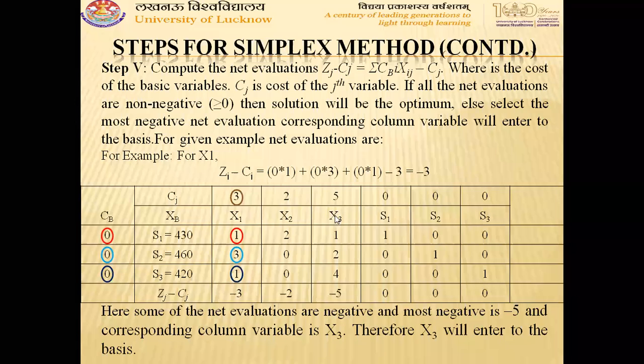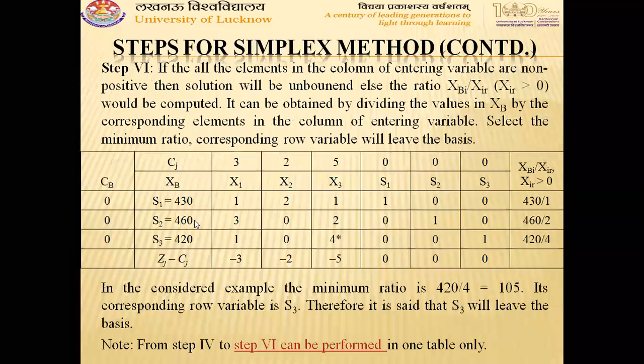That is, we say that x3 will enter the basis. Now if it enters the basis, some element will be replaced. Which one is replaced is decided in the next step. For that, the constants in the basis are divided by the elements in the column of the entering variable, that is, we calculate the ratio xBi upon xir such that xir is greater than 0.